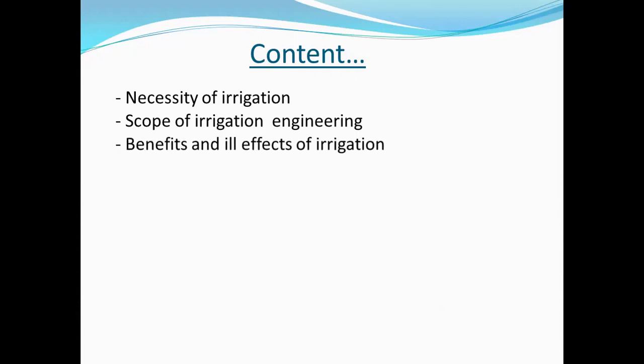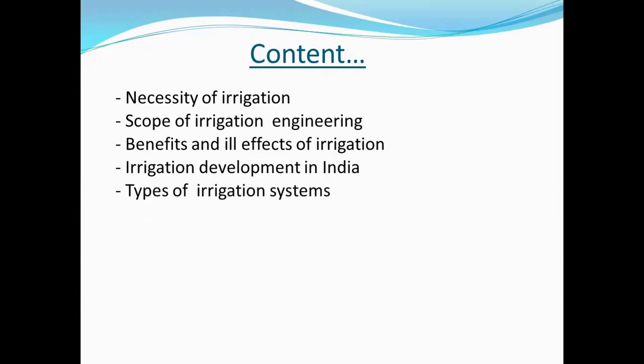The next is the different benefits and also the ill effects of irrigation, which you can also call the advantages and disadvantages of the irrigation system. Irrigation development in India. What are the irrigation developments which are in India? Next is the different types of irrigation systems.